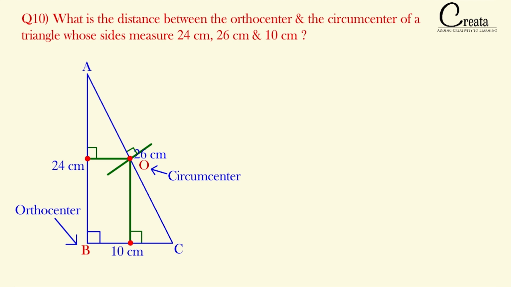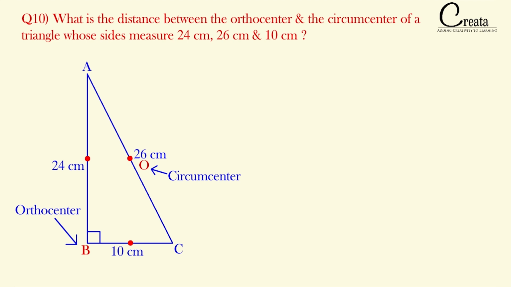If you observe, all these three line segments are intersecting at the point O, that is the midpoint of the hypotenuse, that is side AC. So we got that the midpoint of the hypotenuse is the circumcenter for this triangle. Got it? This is the fundamental. So we got the orthocenter of the triangle lies at the point B, and the circumcenter for this triangle lies at the midpoint of the hypotenuse, that is AC.